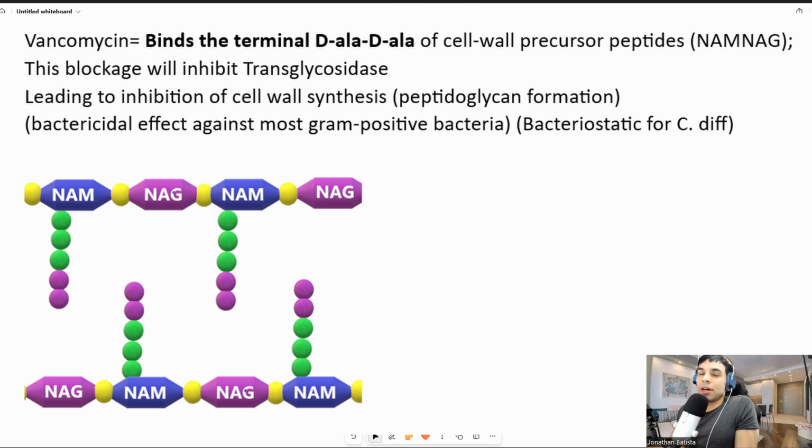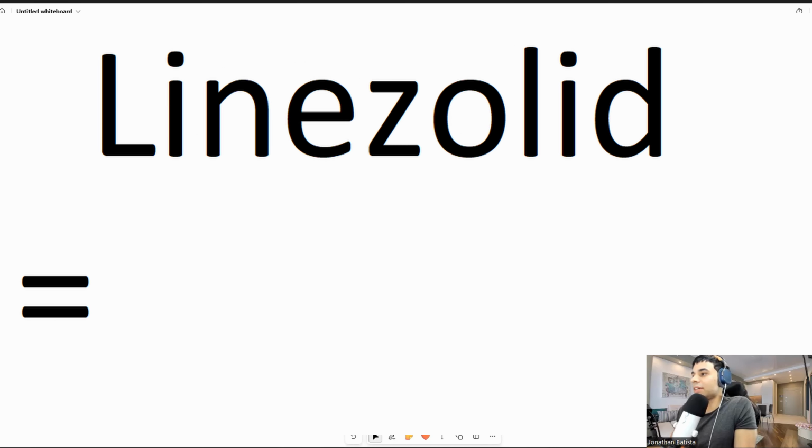Now we have to memorize the side effects. I'm going to tell you what I'm noticing in micro when it comes to these drugs. You'll have some side effects that are just crazy and make no sense, like linezolid, some kind of outlier, causing serotonin syndrome.